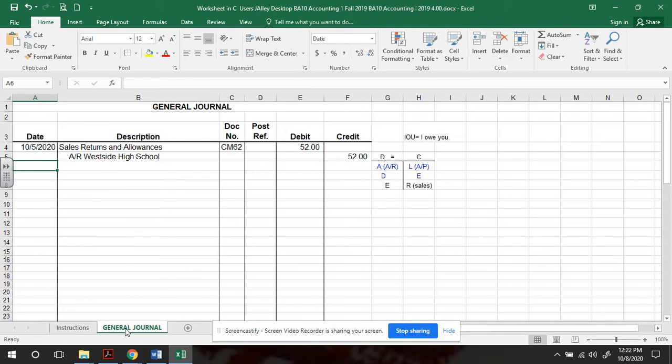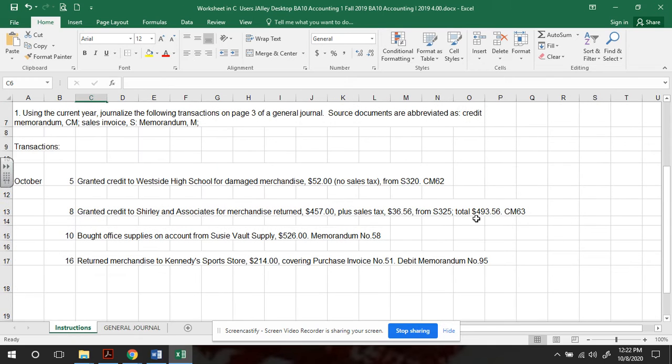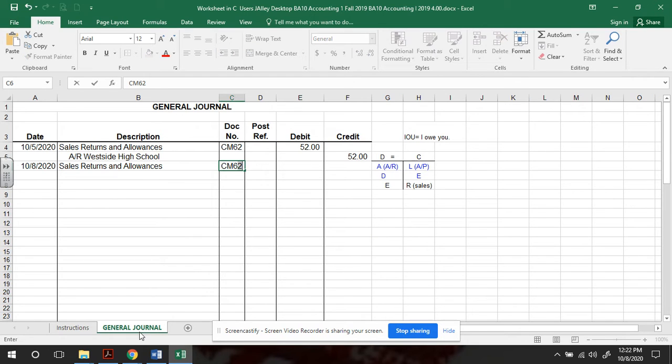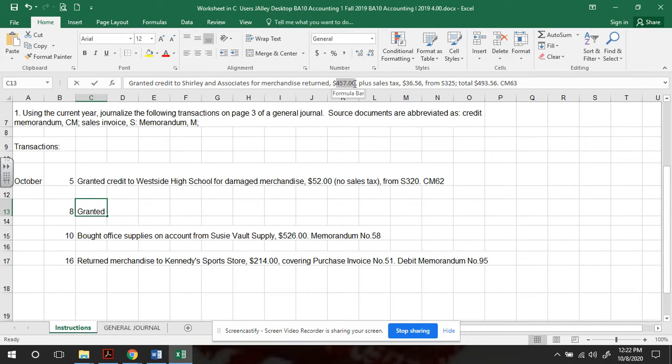So let's go over here and do October 8th. Sales, returns, and allowances. This time right here, CM credit memo 63. And how much was the merchandise? This is the dollar amount for the merchandise itself. So the merchandise itself was $457.